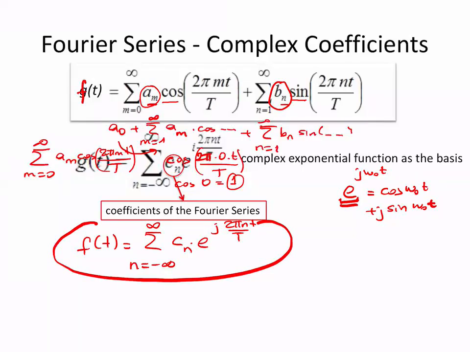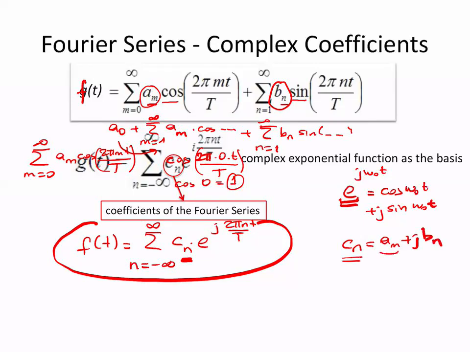We will not use cosine and sine like that, but instead we will be using this formulation in our analysis. So this is Cn, and Cn is like An plus j Bn. Okay, so it's a complex signal.